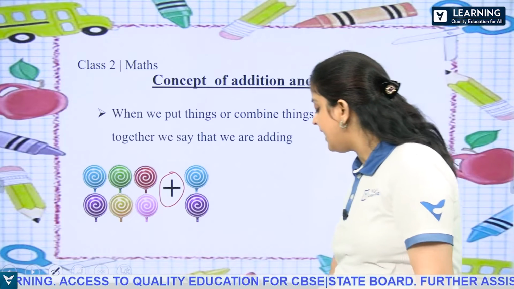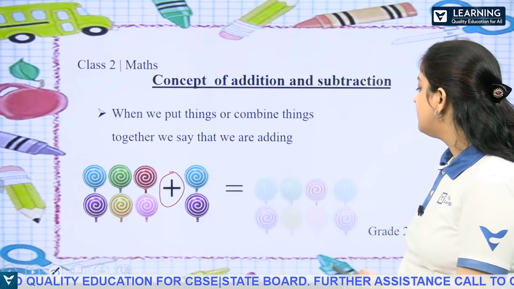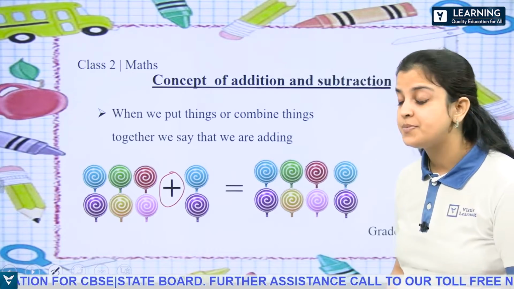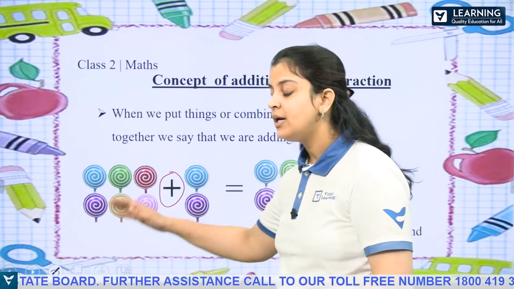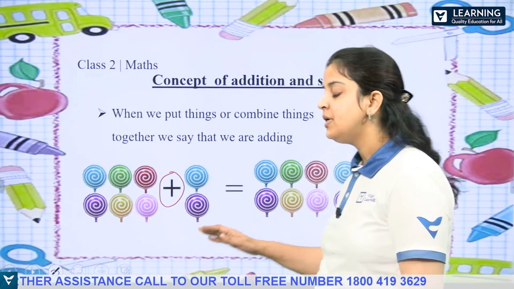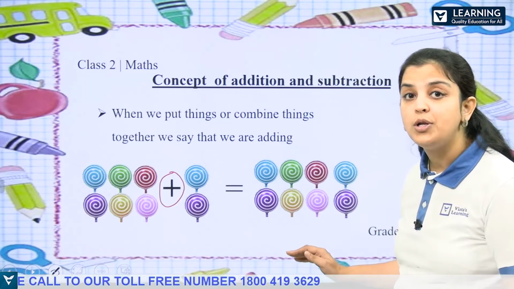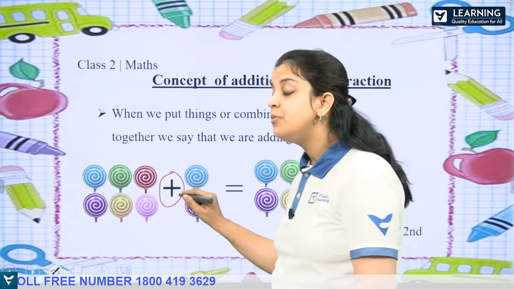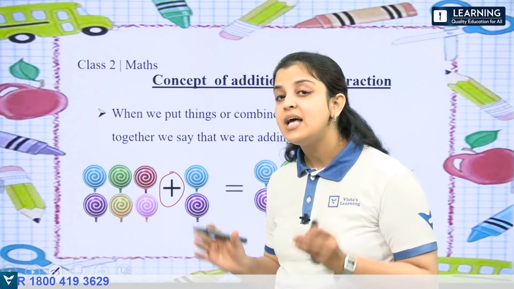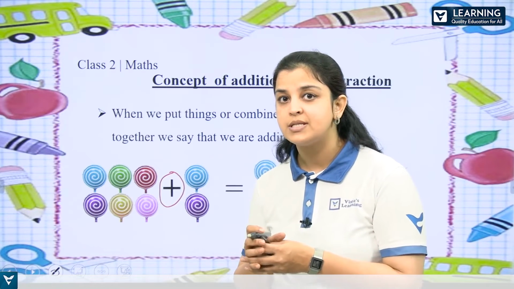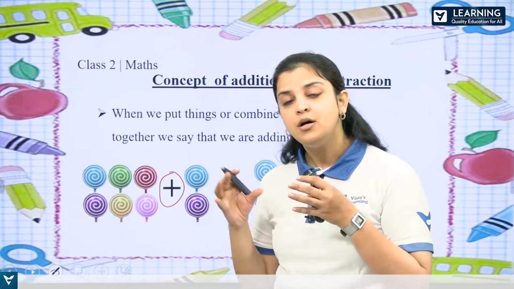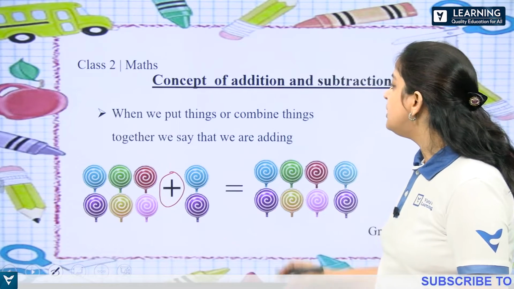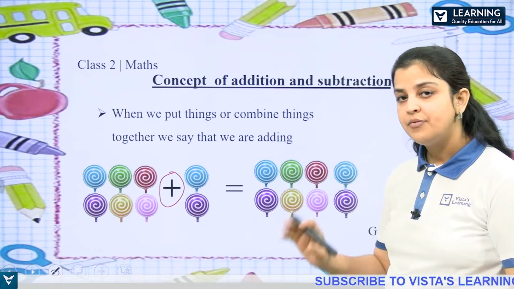So what will I get? 4 lollipops. 3 lollipops combined with 1 lollipop. So I will get 4 lollipops. So what am I doing? I am doing addition. That means I am combining two things. I am putting together two things. And that is called addition. Right, children?